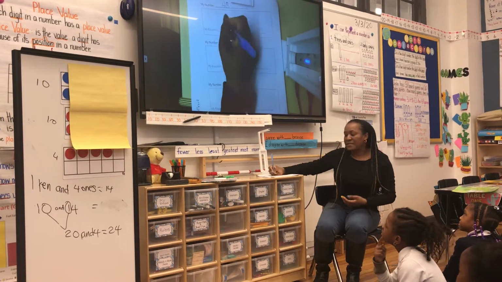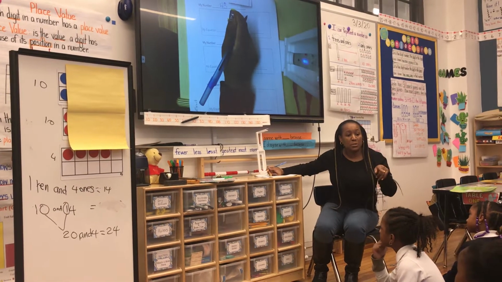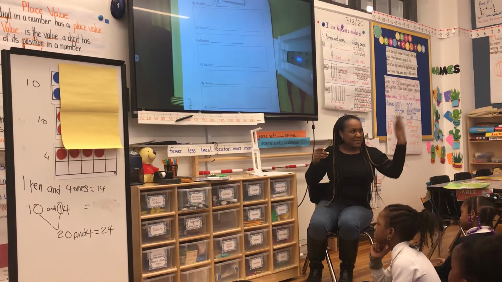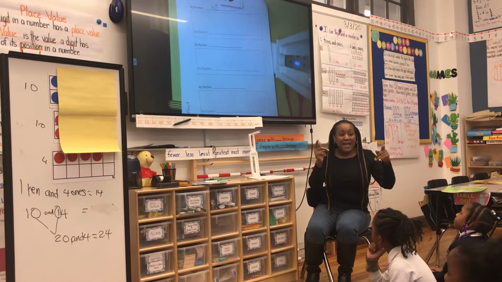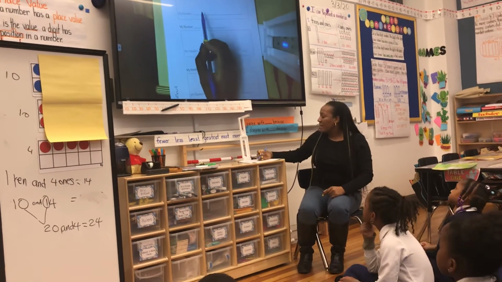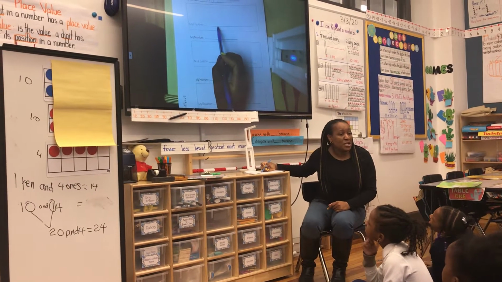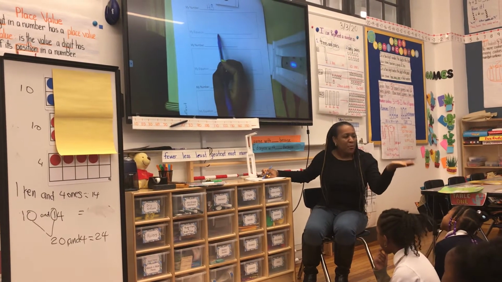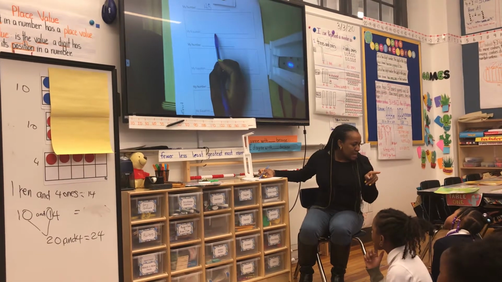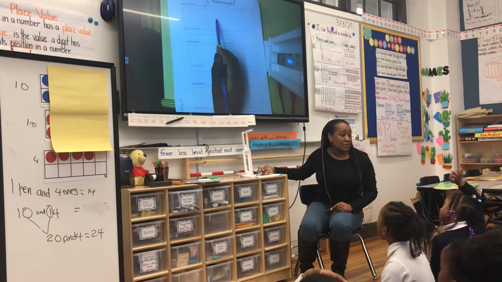I'm not going to do an example for you because I want to see what you will do to show 43 as tens and ones. When I say equation, I mean a number sentence. What number sentence can I come up with to match my representation in my box?